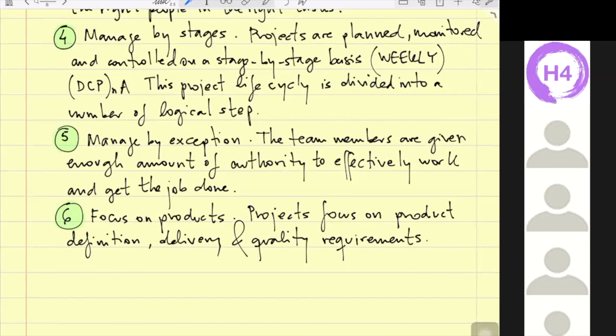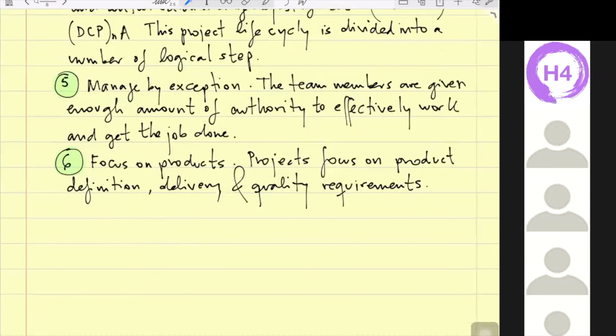This is something we will talk about next week with an example, but probably you've heard of the magical triangle: quality, cost, delivery.